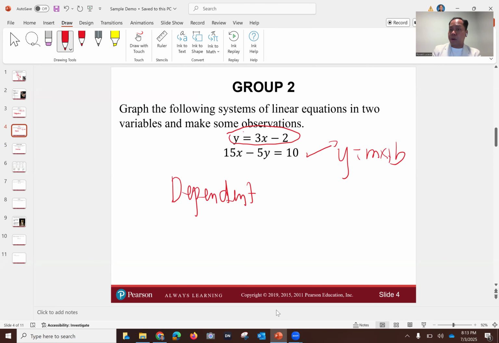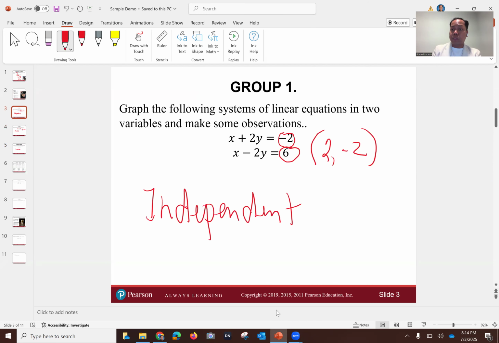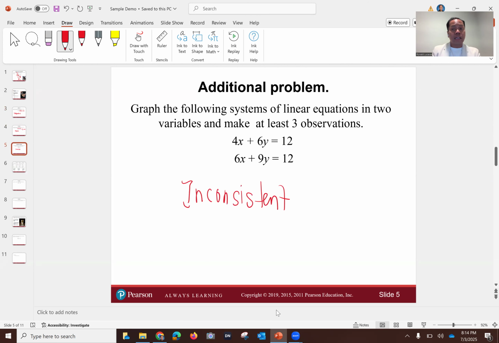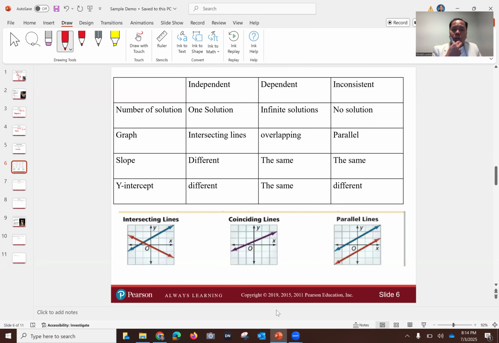Again, if the graphs are the same, they're dependent. If the graphs are intersecting, they are independent. Okay, let us summarize everything that you put on the Nearpod. This is the problem from Maria Liani and Rebecca: intersecting lines, the slopes are different, the y-intercepts are different.